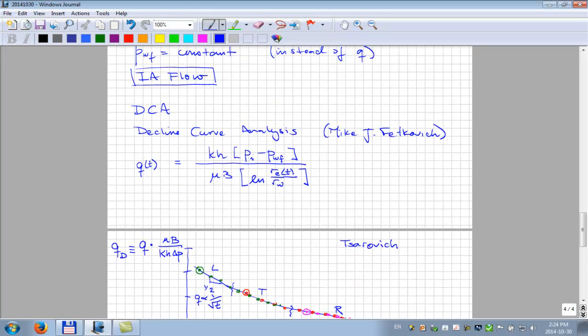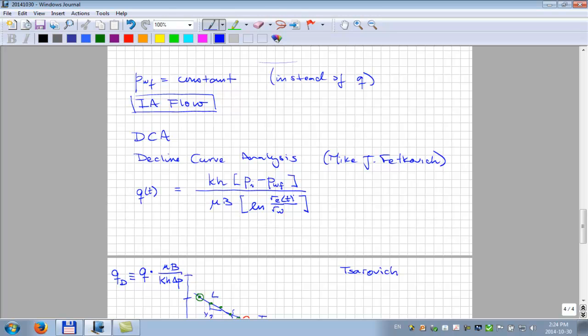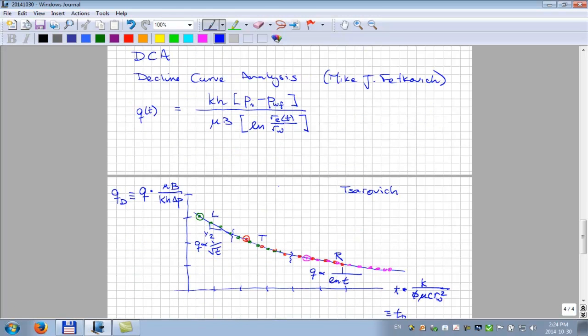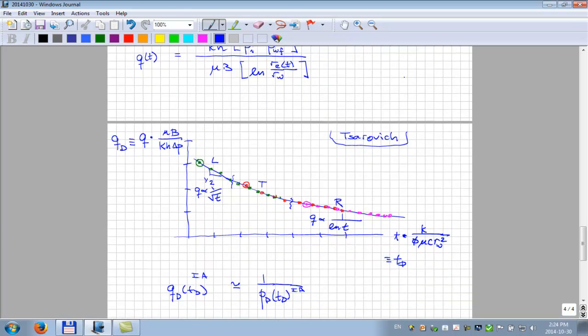So the one who introduced this was Mike Fetkovich, and in fact, he took this solution, the tables from that, had the Russian article translated, it was a book, I think, had the tables translated, and then used it to create dimensionless rate, dimensionless time curves, which was in his first paper on decline curve analysis around 1974, I think.